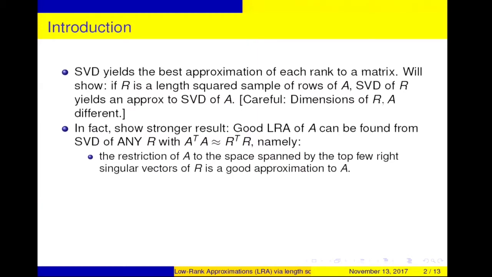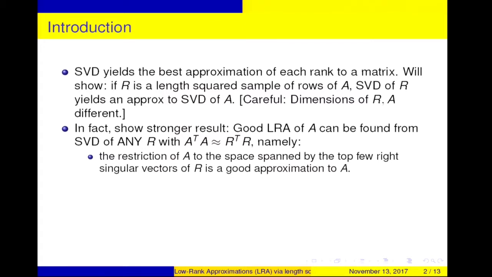So the main result really doesn't have to do with length squared sampling. In a way, I perturbed A. You can think of it as a perturbed A transpose A to get a slightly different matrix R transpose R, except it's a lot simpler because it's a product of two matrices which are smaller. If the perturbation is not bad, then this is true.